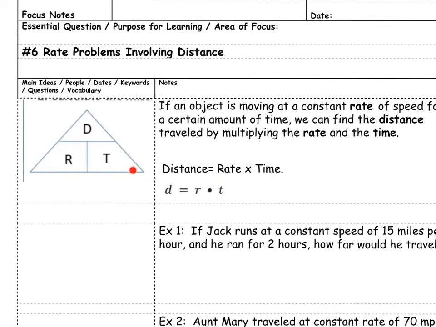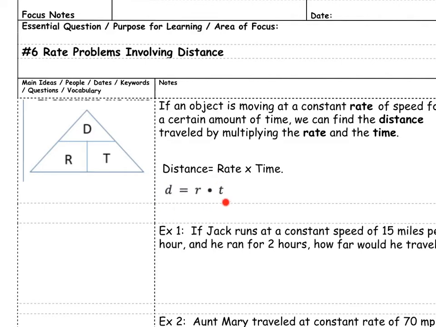So I like the triangle because here we have distance, rate, and time. If they're right next to each other, to find the third, you'd multiply. If they're up and down, to find the third, you would divide. So distance divided by rate equals time, distance divided by time equals rate, and rate times time equals distance.